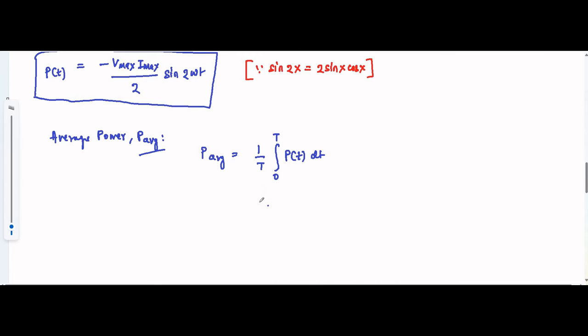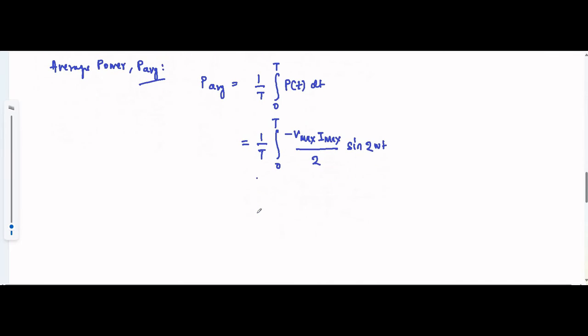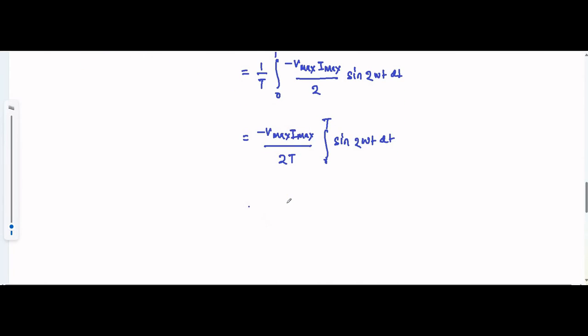So this is equal to 1 by T integral from 0 to T of minus Vmax Imax by 2 sin 2 omega t, which is equal to minus Vmax Imax by 2T integral from 0 to T of sin 2 omega t dt.